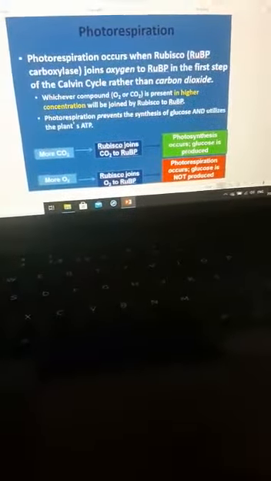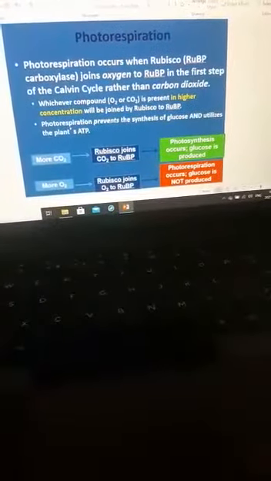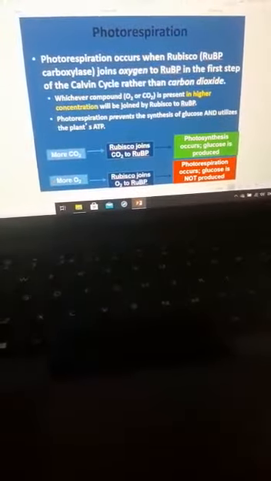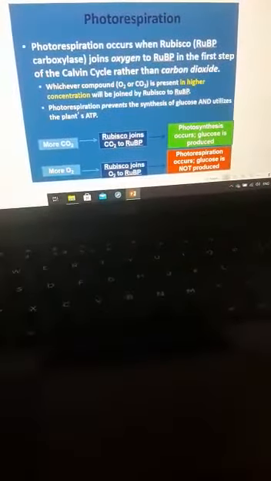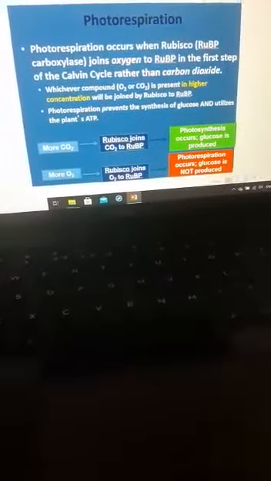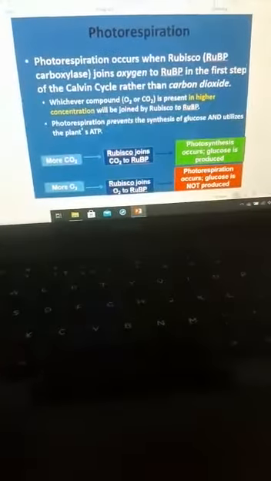I concentrated more on explaining the steps that unfold from the minute oxygen is attached to RuBP to the point carbon dioxide is finally released within the mitochondrion. Now, I'm just going to go slide by slide highlighting the most important things about photorespiration.